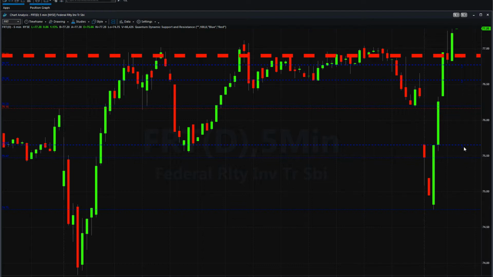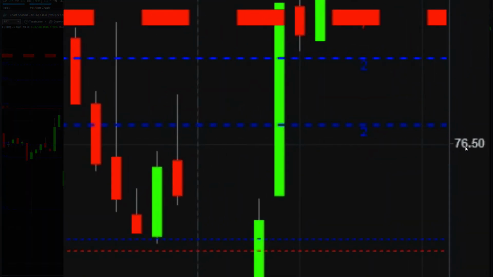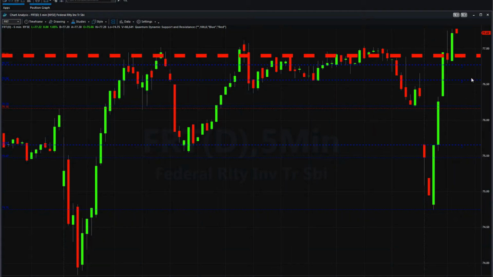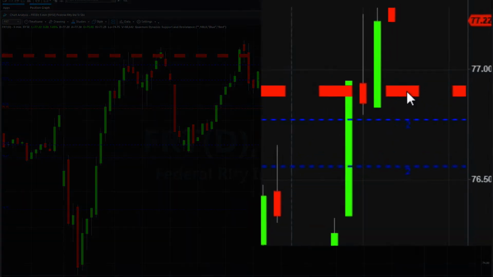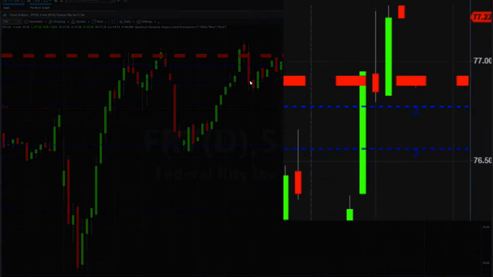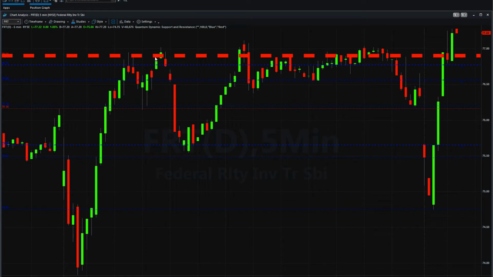So as you can see here, this has been tested a couple of times, so relatively minor. We've had some more minor ones here, but the one I really wanted to focus on is this one at the top. Very, very strong, what was acting as resistance. You can see the number of times that it's been tested, retested, had a minor break, came back down, retested again, constantly retesting.